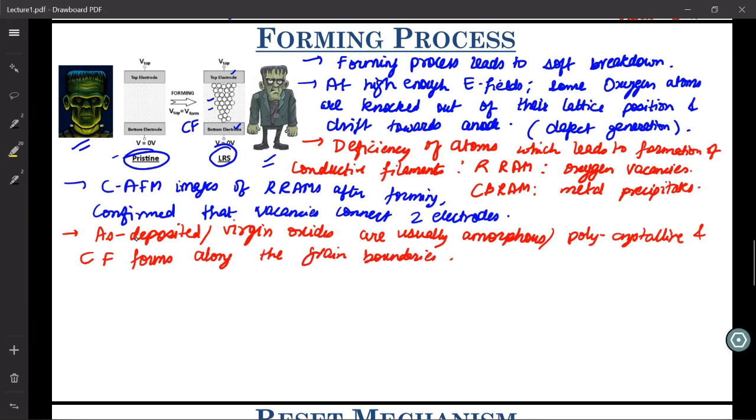And one more thing is very clear to us, that after this forming process, a large number of defects are introduced. But do all of the defects which are introduced participate in the subsequent switching cycles?